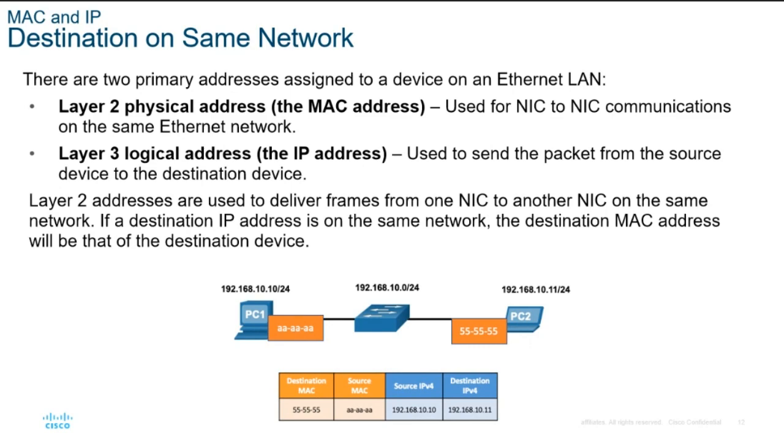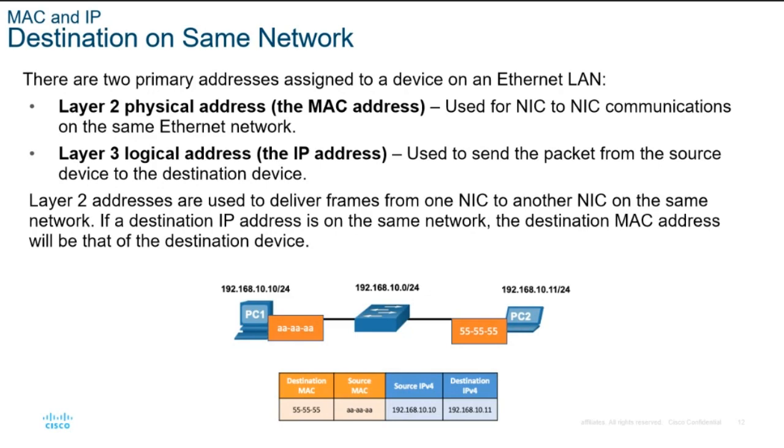There are two primary addresses assigned to a device on an Ethernet LAN. The layer 2 physical address, the MAC address, we use for NIC to NIC communications on the same Ethernet network.